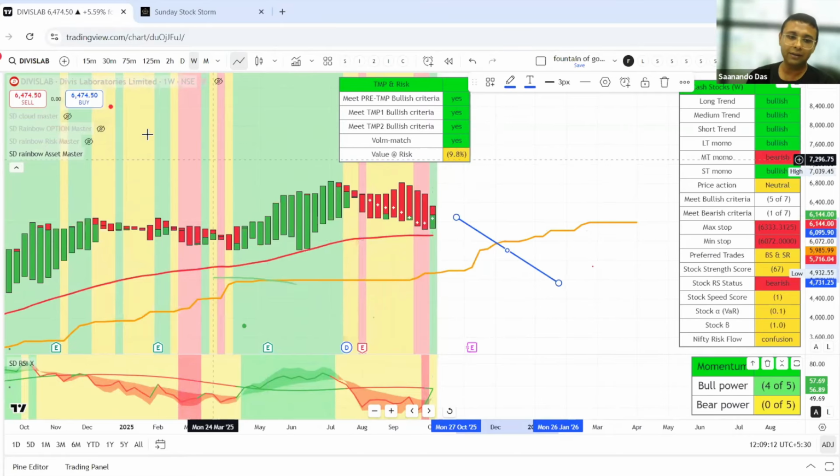But Divi's Lab, I think, is a pharma sector stock. And I'll fundamentally say pharma, Trump is not done with pharma. It has been his agenda to reduce the drug cost. And he is one of the rarest politicians who follow up on his promise.